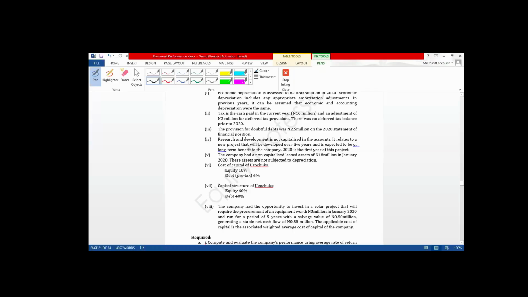The applicable cost of capital is the weighted average cost of capital of the company.